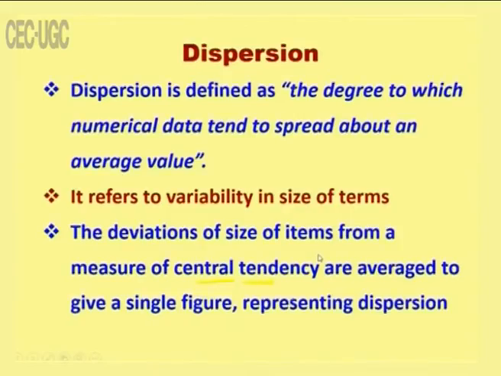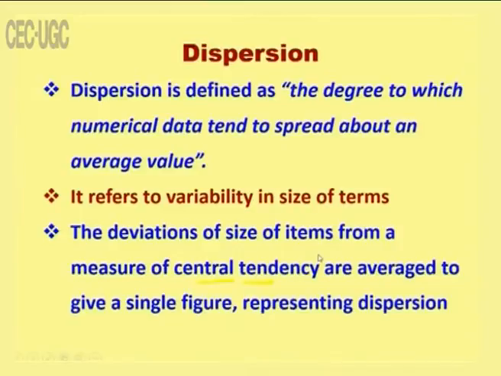Now, let us discuss what is called dispersion. Dispersion is defined as the degree to which the numerical data tends to spread about an average value. That means, in the previous session we discussed the average, that is the mean, and now, with respect to the mean, to what extent the values are dispersing, that is called the dispersion.